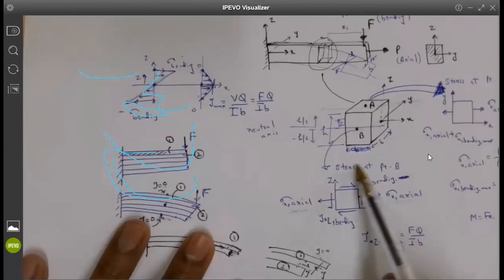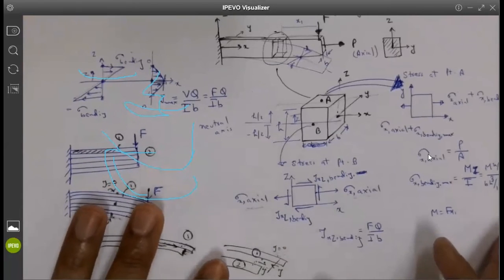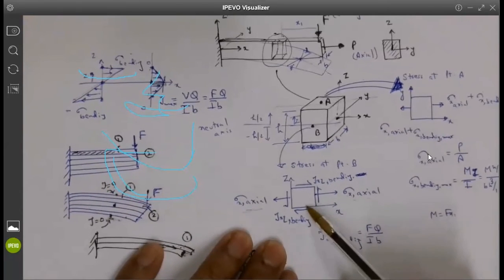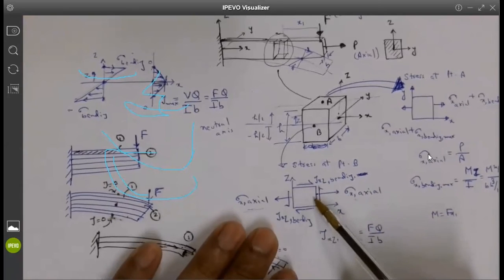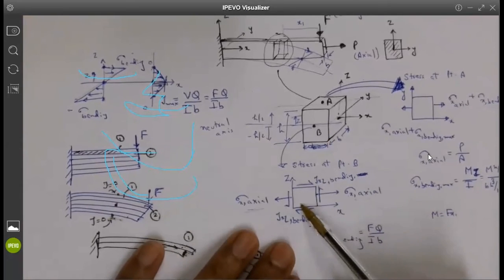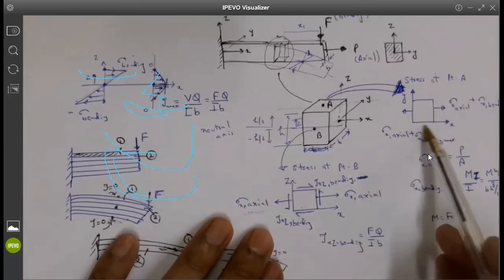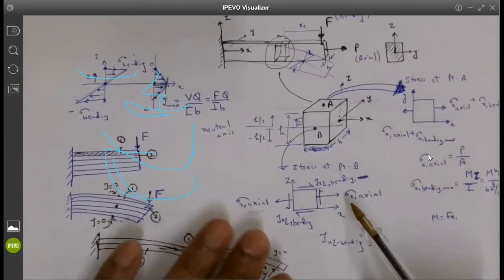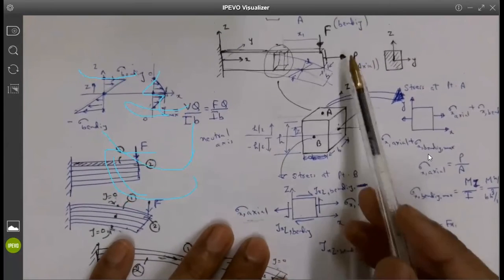Yes, I think so. Everybody is with me. So now you see that in one plane, if you have to represent the state of stress in a planar coordinate plane, XZ plane, this is XY plane, you can represent the stresses based on the applied load.